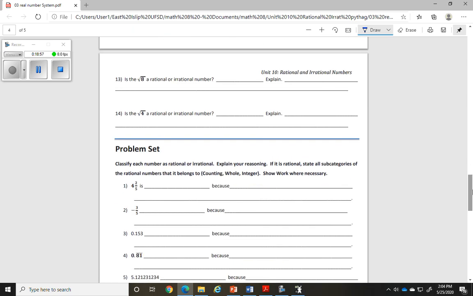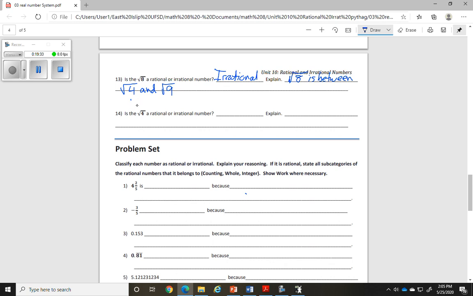Is the square root of 8 rational or irrational? It happens to be irrational because if we look at our list of perfect squares, it's not there. Thus, I will say that the square root of 8 is between the square root of 4 and the square root of 9, right?